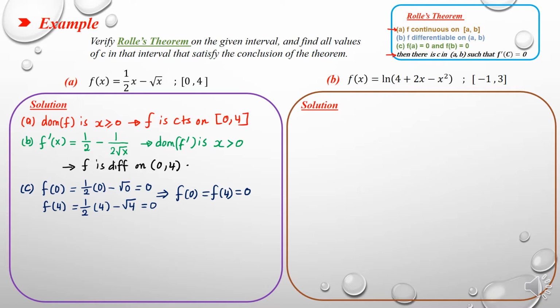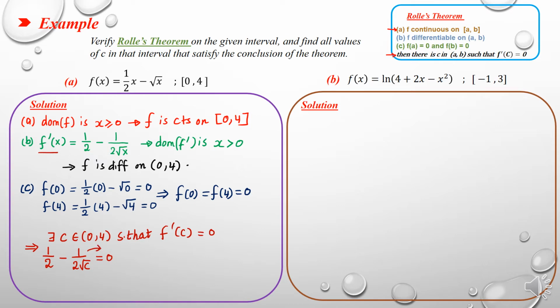So what's the conclusion? The conclusion is that there exists c in the open interval (0, 4) such that f'(c) equals 0. So f'(c) is 1/2 minus 1/(2 square root of c) equals 0.